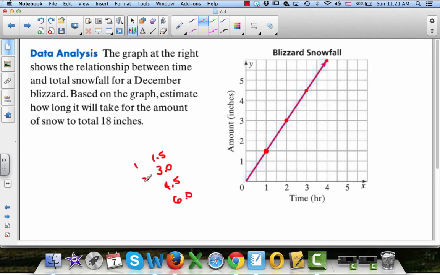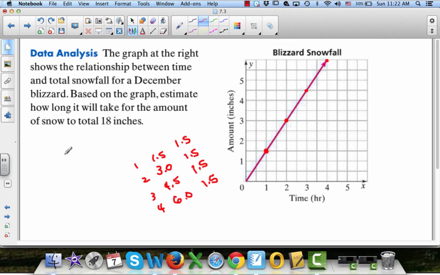So 1, 2, 3, 4, and we check. 1.5 divided by 1 is 1.5. 3 divided by 2 is 1.5. 4.5 divided by 3 is 1.5. And 6 divided by 4 is 1.5. So it's changing 1.5 per hour.